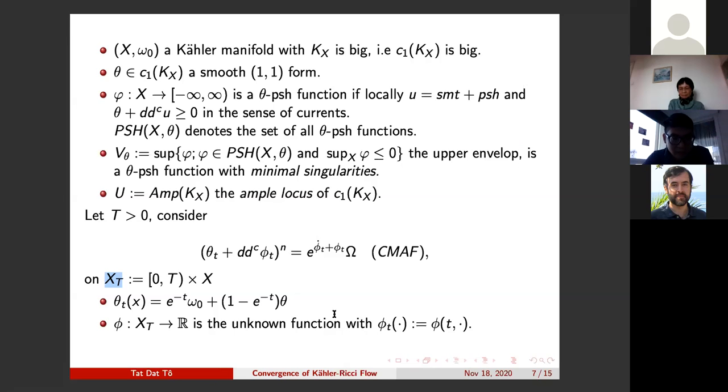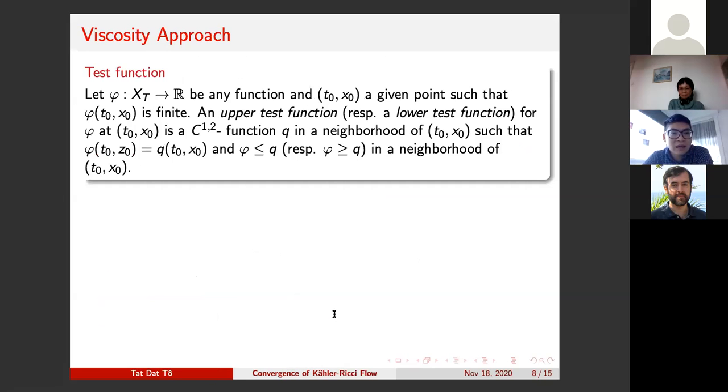Now from this equation, we can define our viscosity subsolution and supersolution, and in general this is called the viscosity approach.